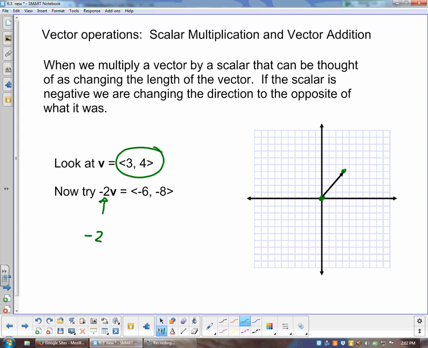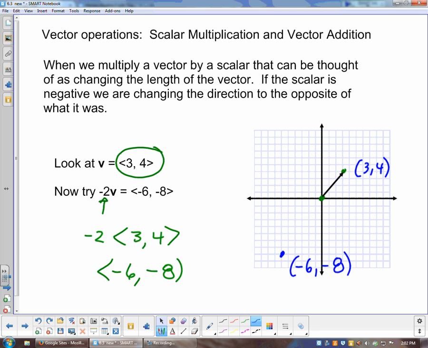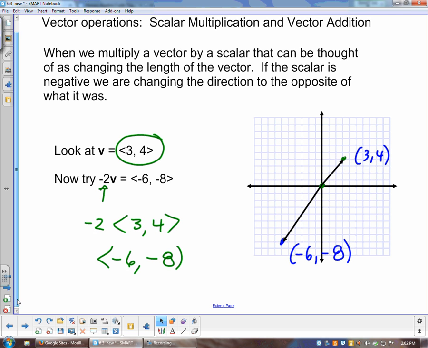So I'm really taking -2 times the vector (3, 4), and that gives us (-6, -8). So if I find (-6, -8) on my graph, this is the ordered pair (3, 4), this is (-6, -8), and if I draw in this vector, it's going to look like this. So not only is it twice as long, but it's also going in the opposite direction.